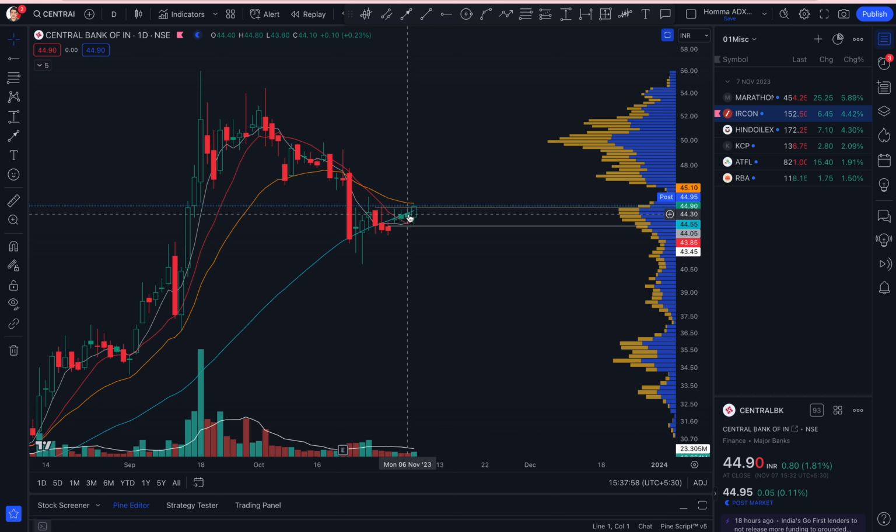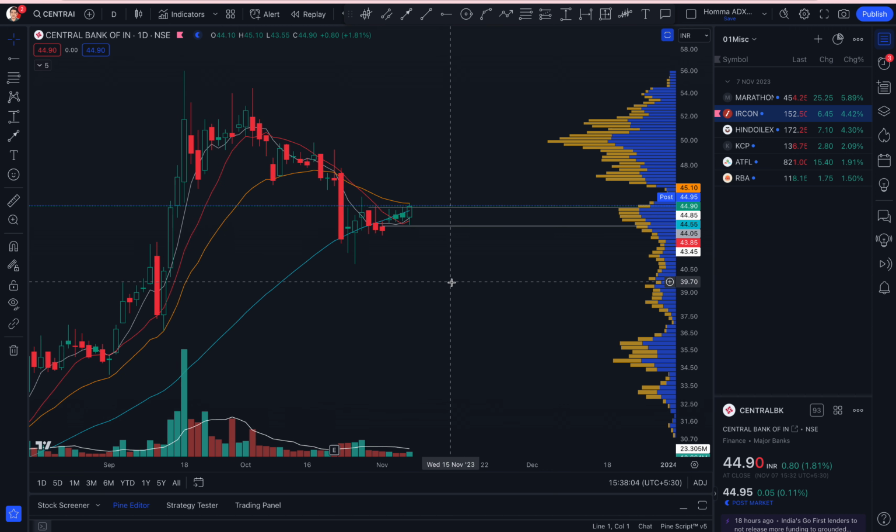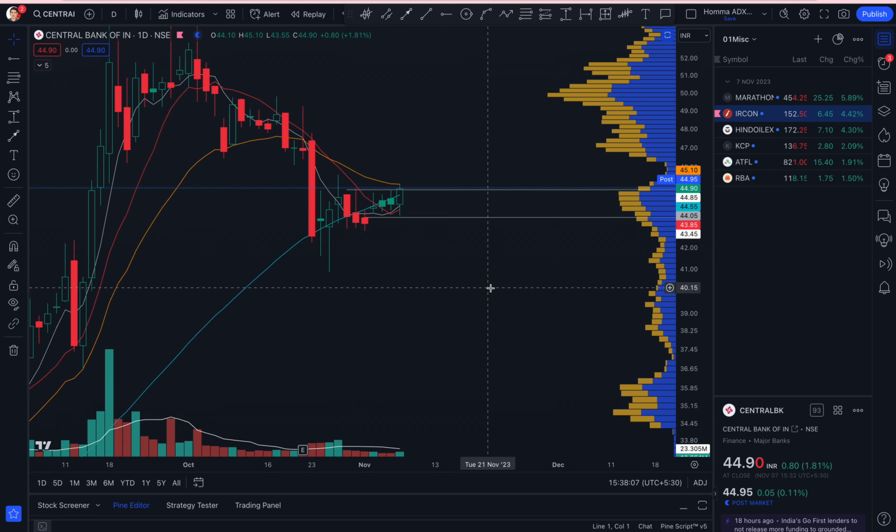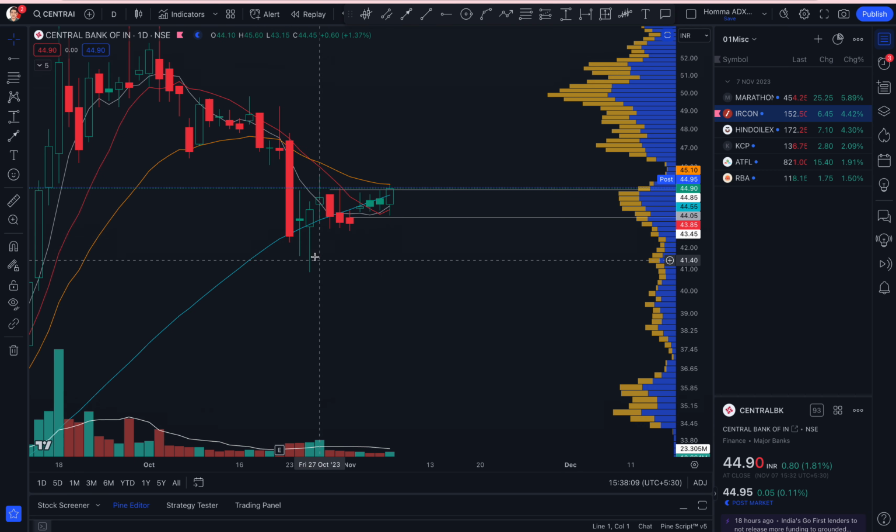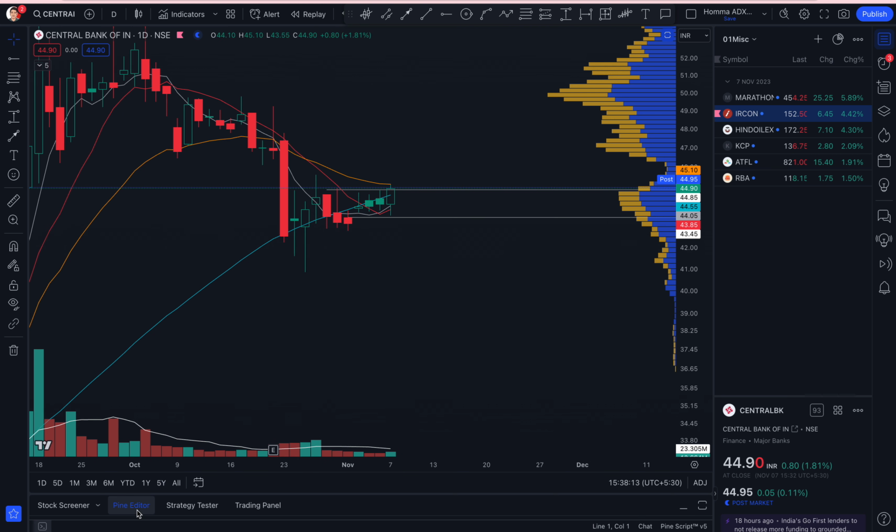The 50 DMA is a very good key moving average, and also the idea is that after forming a low here, we formed a higher low, and then a very tight area is formed.